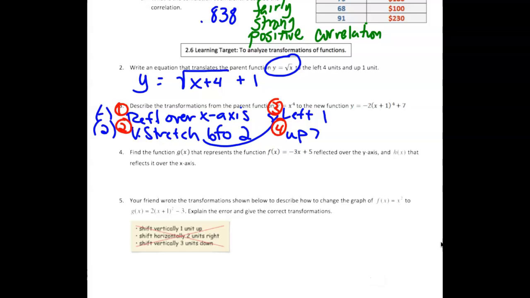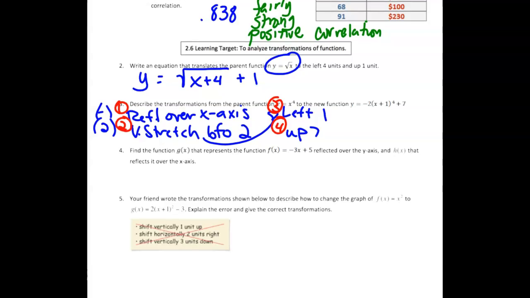Question 4 says find the function g of x that represents the function f of x equaling -3x plus 5 reflected over the y-axis and h of x that shows a reflection over the x-axis. All right, so let's take it in 2 parts.